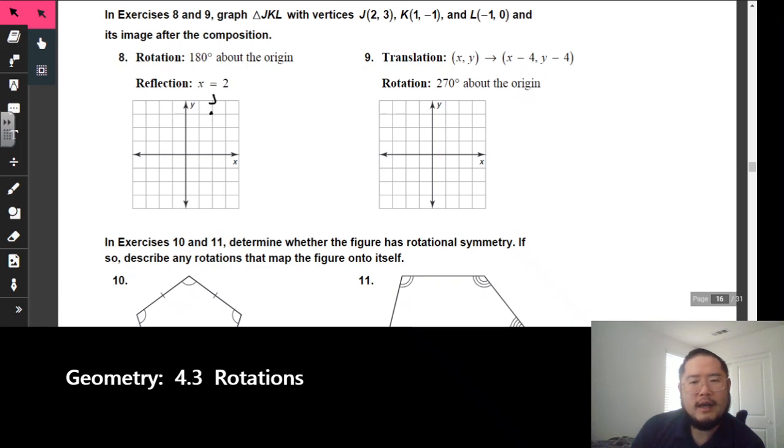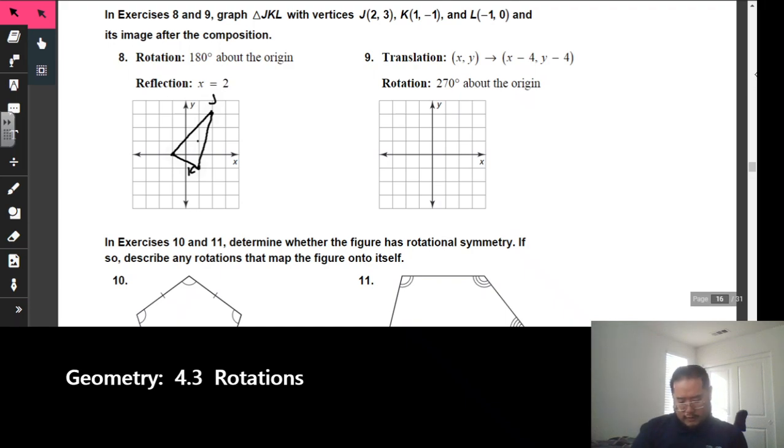So there's J. K is at 1, negative 1. So there is K. And L is at negative 1, 0. So there's our triangle.